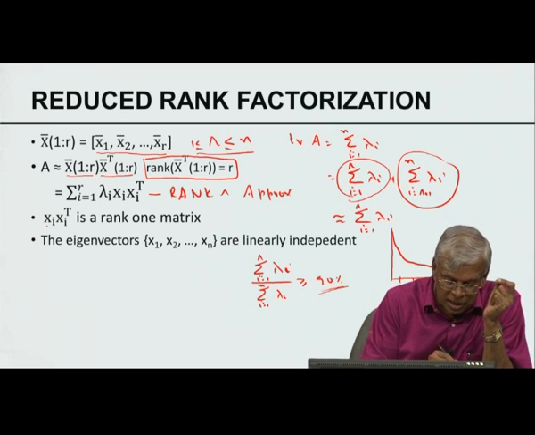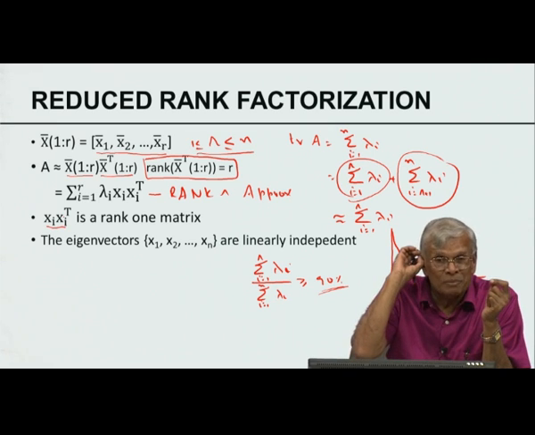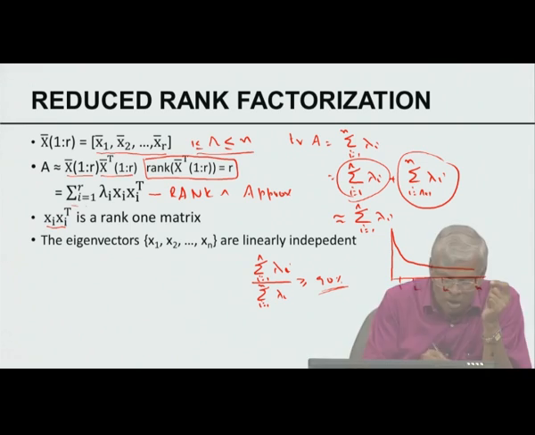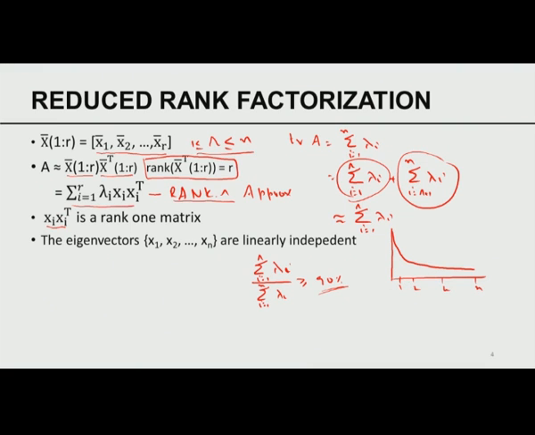In this case xi xi transpose is a rank 1 matrix. A sum of r rank 1 matrices gives you a rank r approximation. Now please realize these eigenvectors, to start with, are all linearly independent. So the first subset of r are also linearly independent. So these are all the choices one has in terms of approximation.